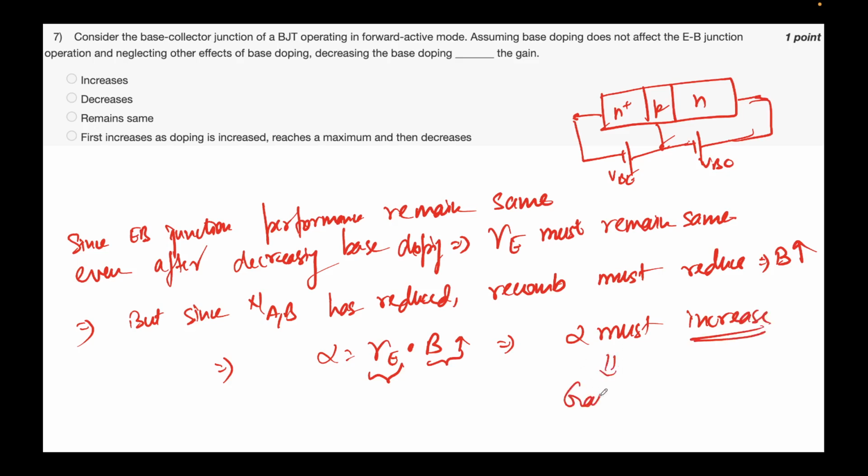Alpha increases, so gain, which is beta, will also increase. Simple as that. Since the emitter side is not changing, the action is happening only in the base. Lesser electrons will recombine, so most of them will reach the collector, and the gain, which is I_C over I_B, will increase. Decreasing the base doping increases the gain. So that was a rather straightforward problem.